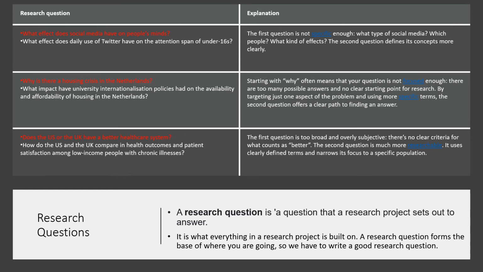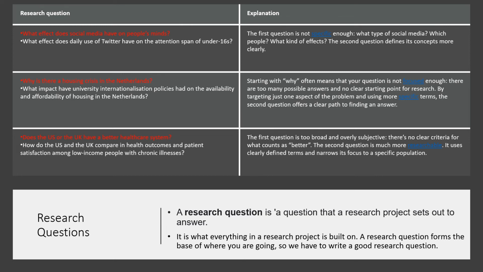Okay. Moreover, if you just consider the third example, does the US or the UK have a better healthcare system? People, now this question is also very broad and overly subjective. Okay? People, there's no clear criteria for what counts as better. Okay?